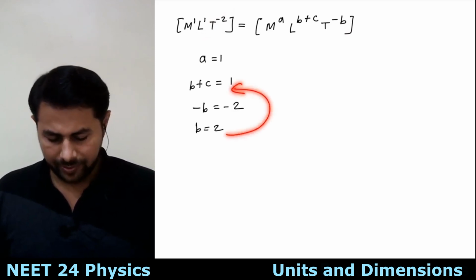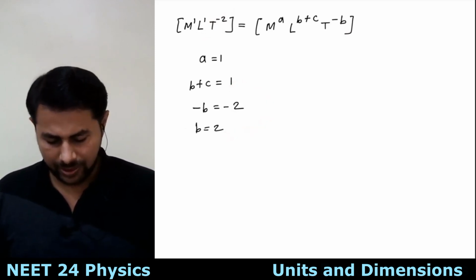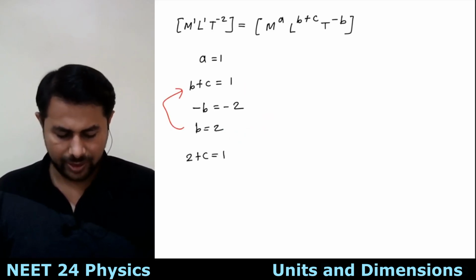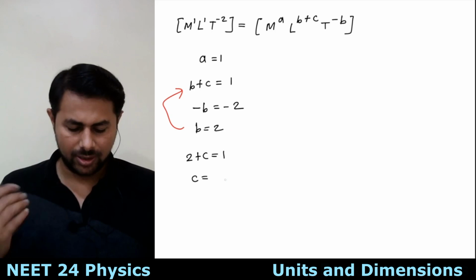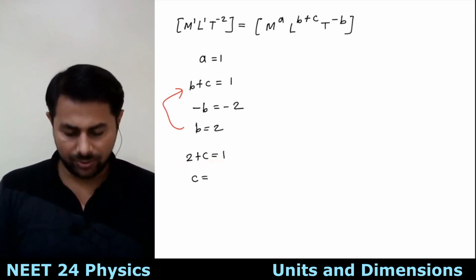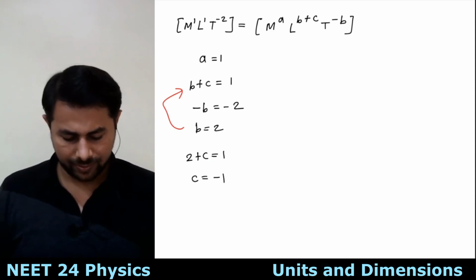You put that here. So 2 plus c is equal to 1, so c must be equal to what? Minus 1. Take the 2 on this side, so it's 1 minus 2, so it's minus 1, right?